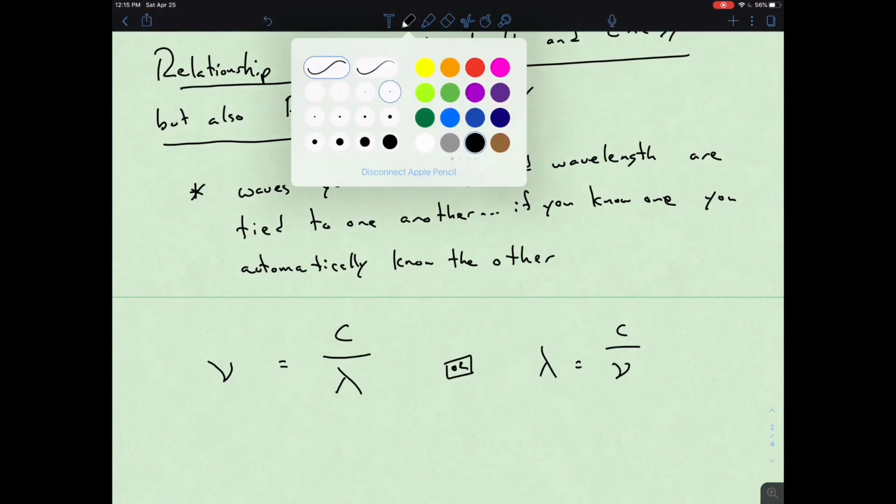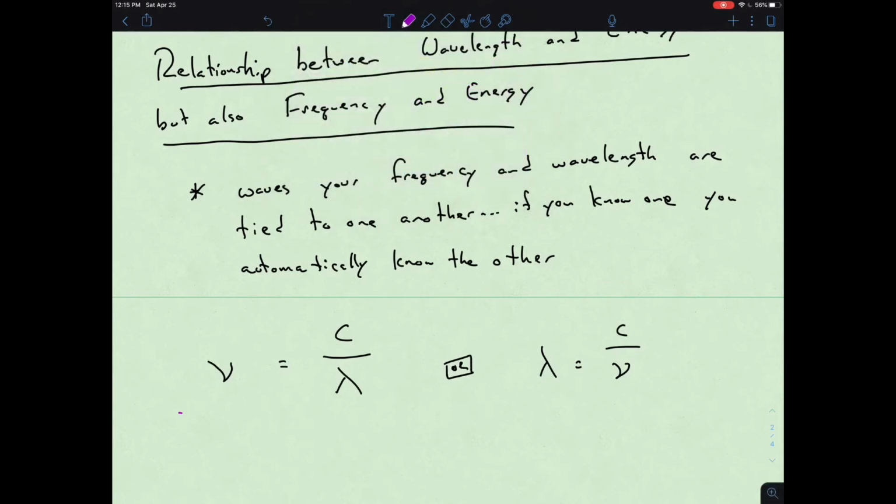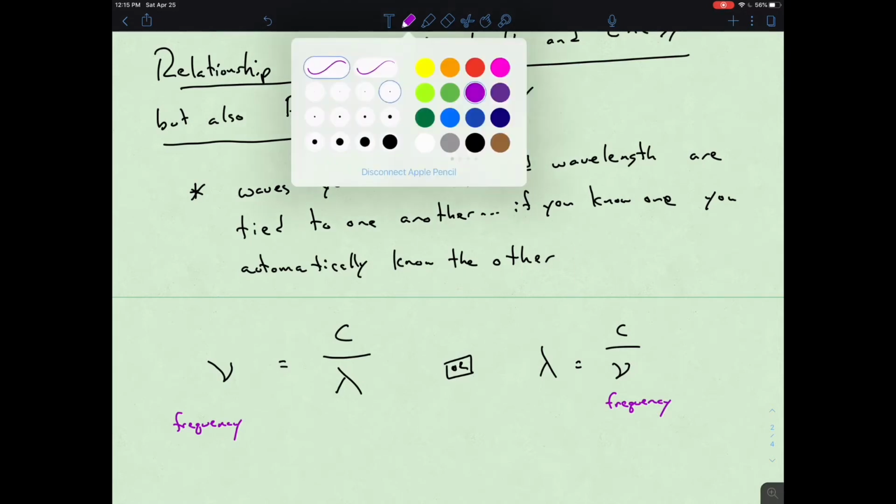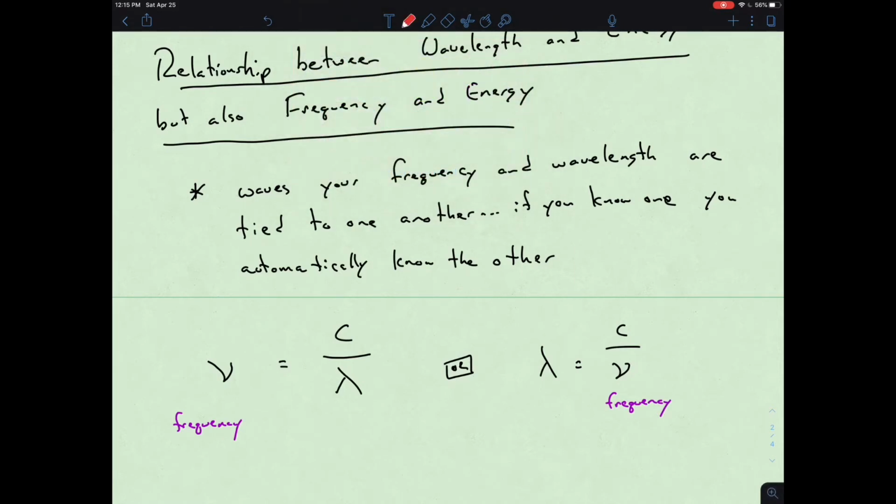So here we have our frequency as well in the equation on the right, and then below is where we find that idea of wavelength, or solving for it in the equation on the right.